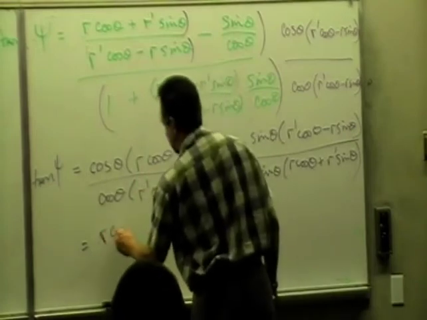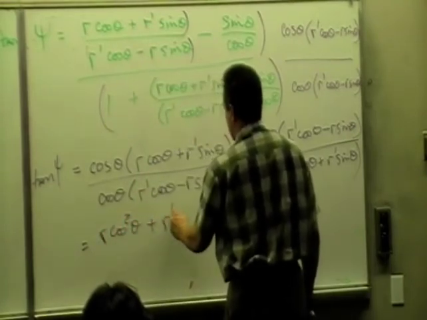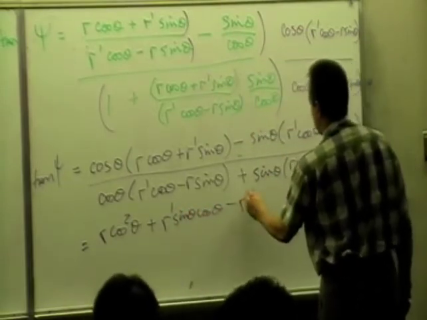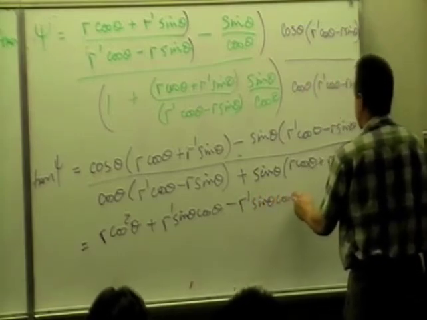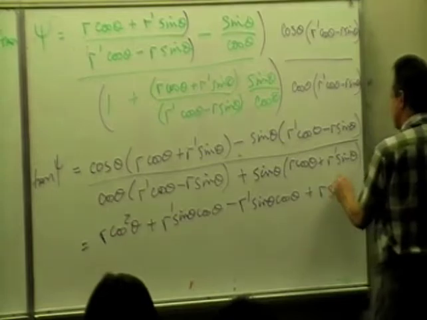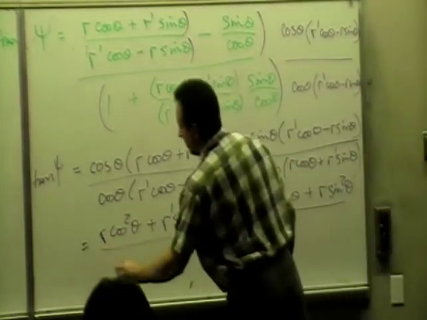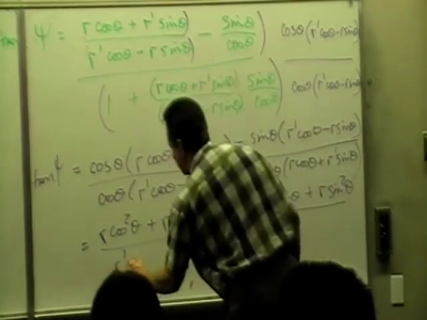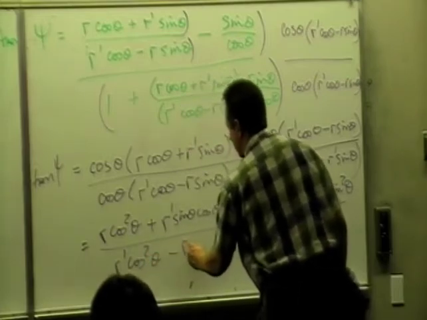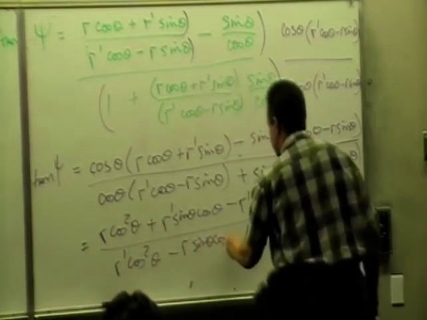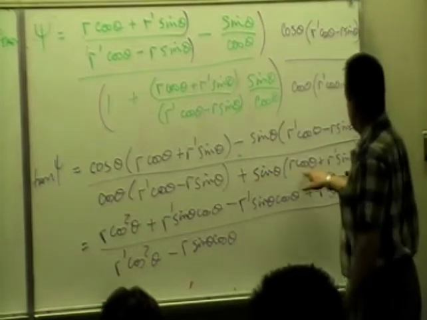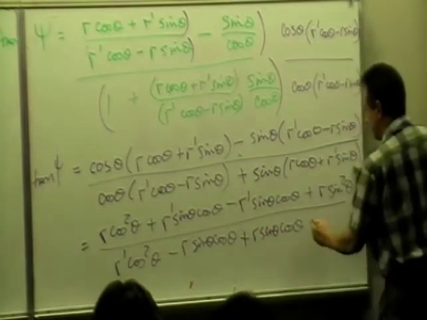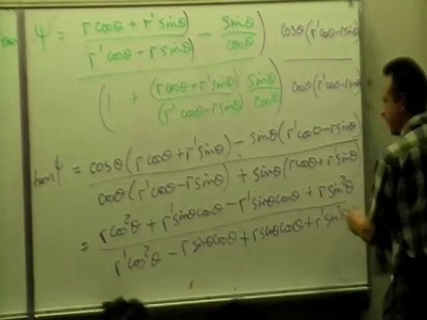You get r cosine squared theta plus r prime sine theta cosine theta, minus r prime sine theta cosine theta plus r sine squared theta, over r prime cosine squared theta minus r sine theta cosine theta, plus r sine theta cosine theta, plus r prime sine squared theta.